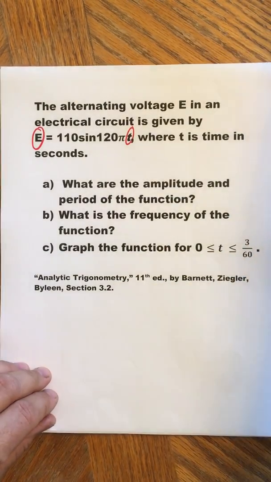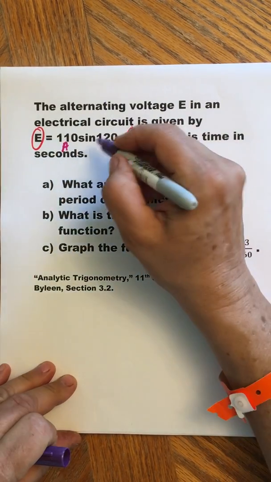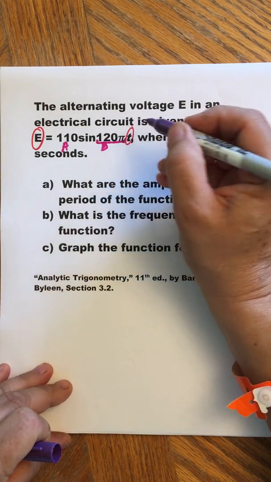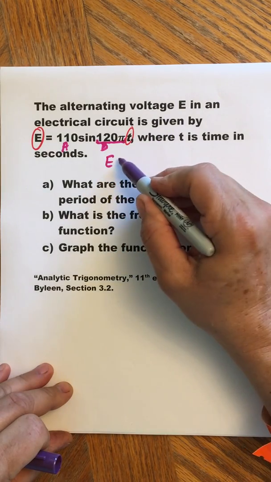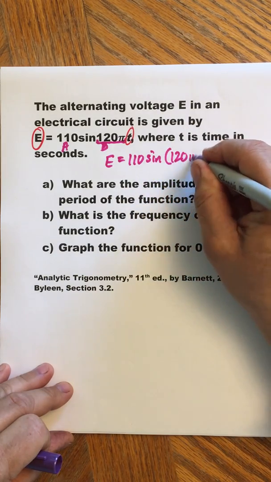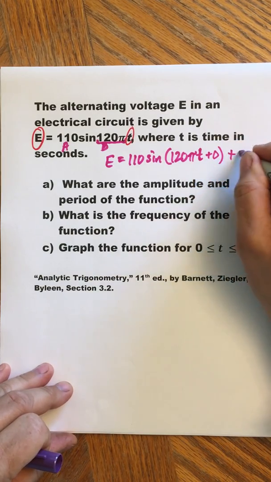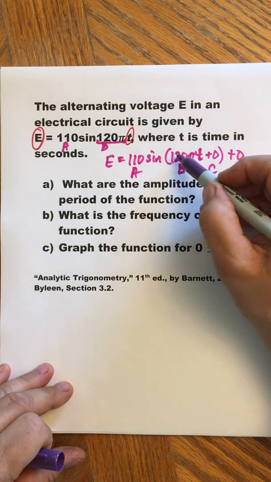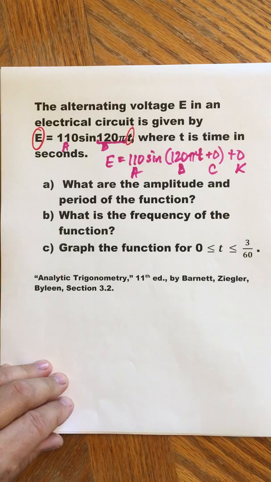The amplitude is given by the absolute value of A. Here's A, and B is all of 120 pi, and really you don't have C or K. So if we write this a little differently, 110 sine of 120 pi t, plus 0, there's your A, B, C, and K. Remember, B is 120 pi, the coefficient for the input variable t.